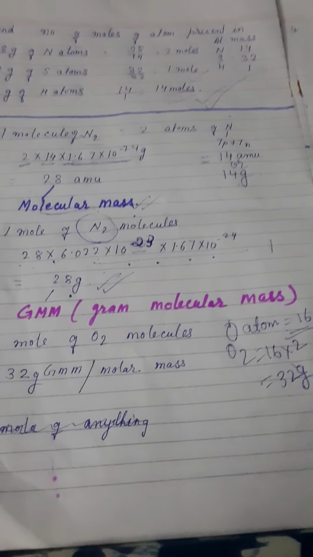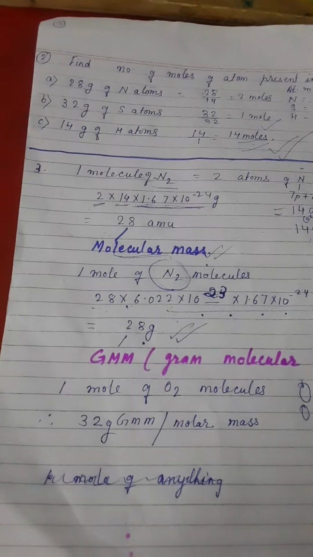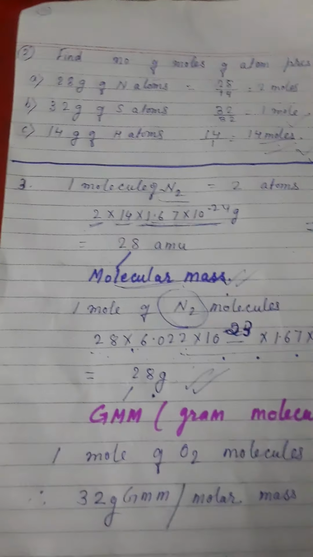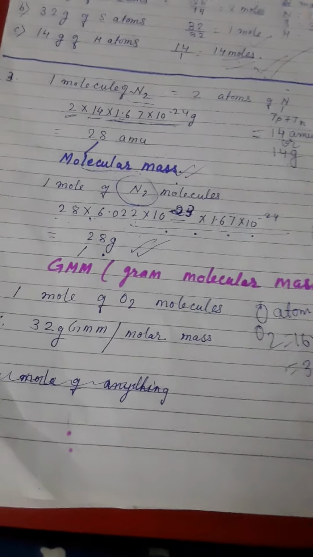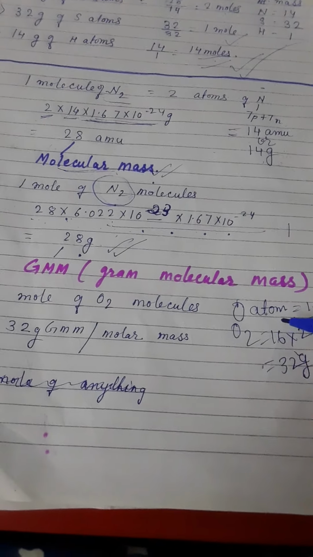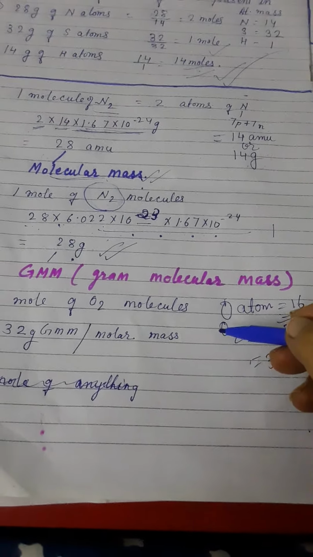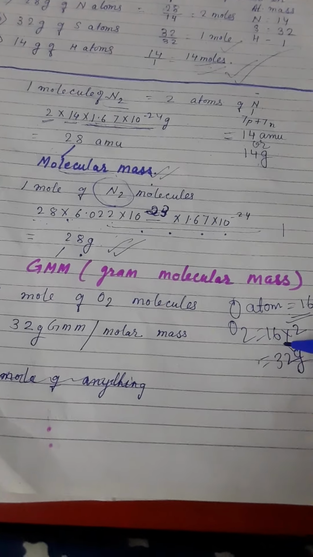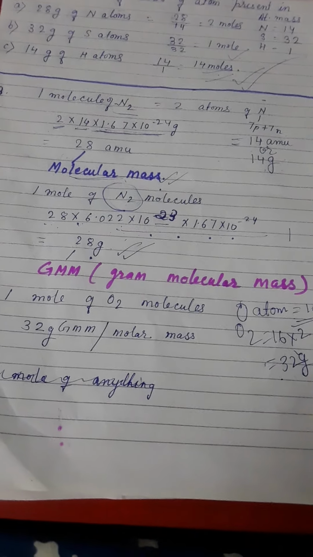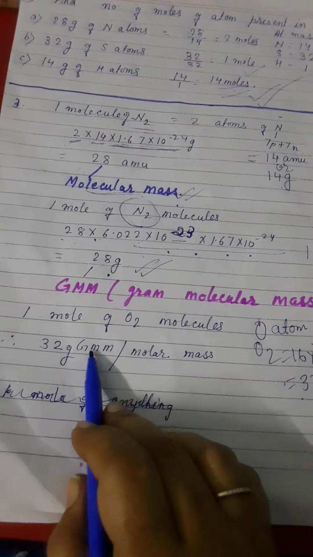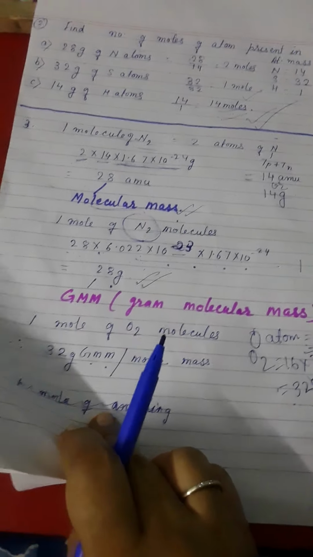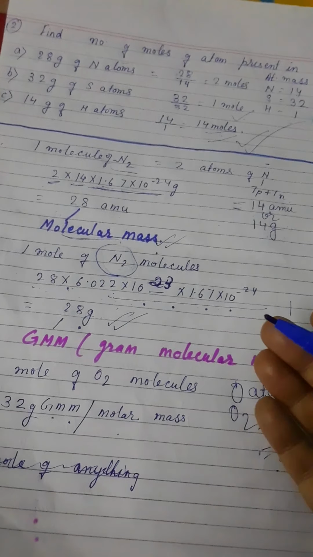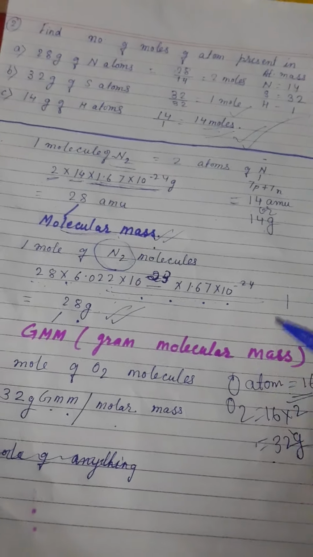See, in 1 mole of oxygen molecule, there are 2 atoms of oxygen. The mass of 1 atom is 16, so what will be the value for 2 atoms? 16 into 2, that is 32 grams, and this is called gram molecular mass or molar mass. You can find out the mass of ozone also.